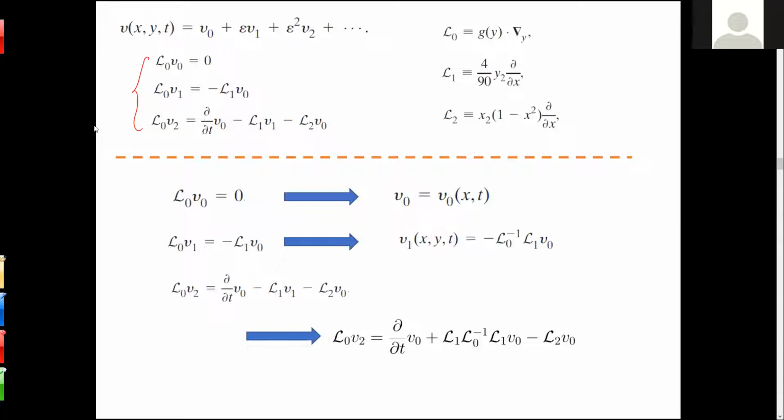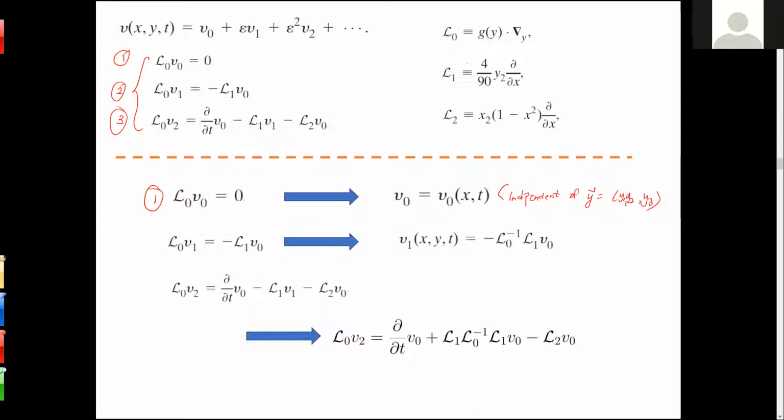So from the first equation, L0 V0 equals 0, maybe we should label these by 1, 2, 3 for easy reference. So from 1, L0 V0 equals 0 gives you V0 equals a function of x and t. That means it is independent of y, or y1, y2, y3.